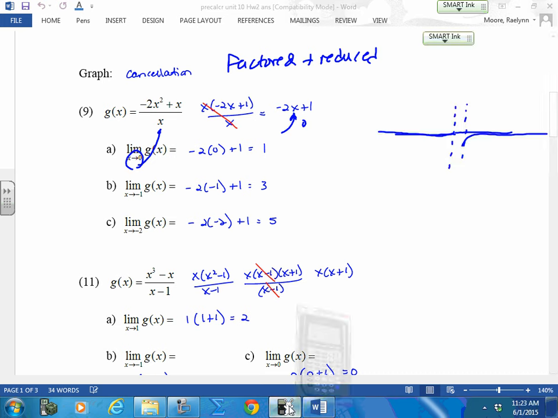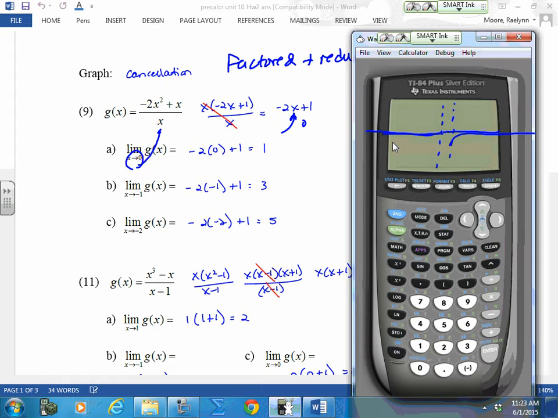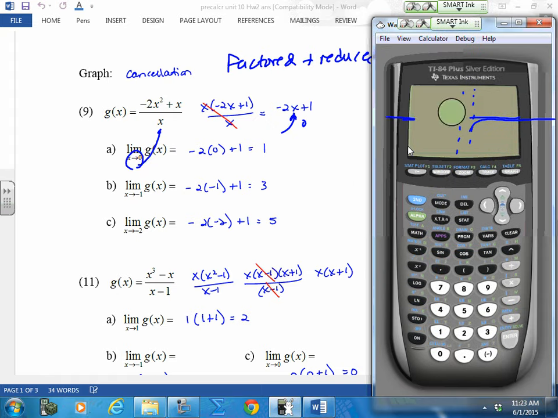Now remember on the graph, and it's always good to look at a graph graphically. Whoops, hold this here. It's good to look at it graphically because the graph makes you understand it a little bit better.